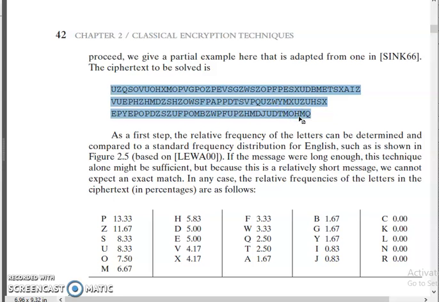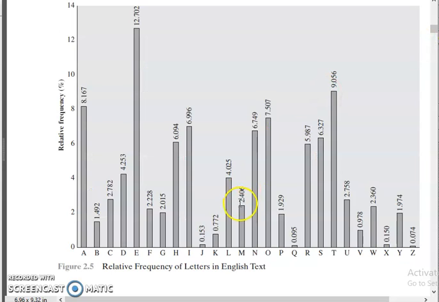This is to be solved using the monoalphabetic cipher. This is the cipher text. At the first step, the relative frequency of the letters can be determined and compared to the standard frequency distribution for English. The frequency of the letters is summarized here.